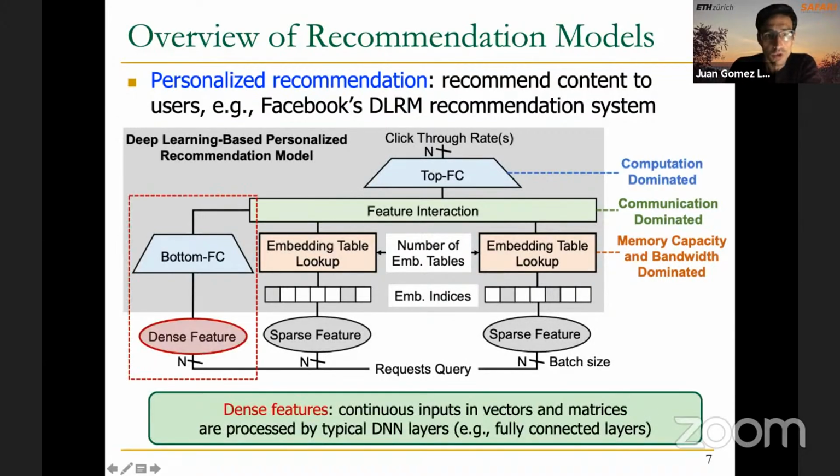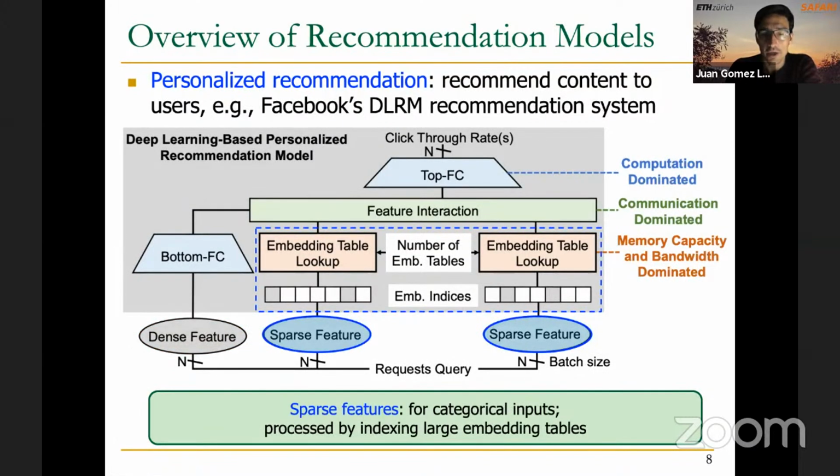We can already identify here the inputs, these dense features that are continuous inputs coming from vectors and matrices that are in memory, and they are typically processed by using DNN layers, as you can see, this bottom fully connected layer or this top fully connected layer that are computation dominated.